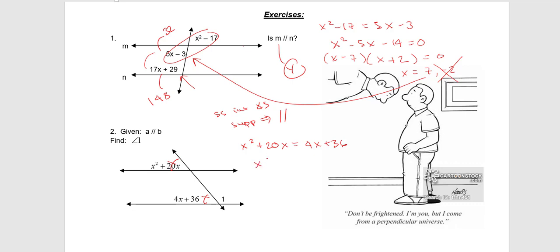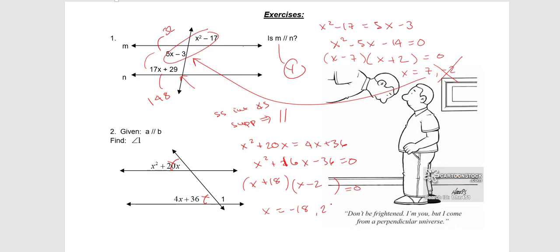Solve this thing, set it equal to 0: x squared plus 16x, sorry, subtract 4x from both sides, minus 36 equals 0. Factor it, I get x plus 18, x minus 2 equals 0, zero product property it, so x is equal to negative 18, positive 2.